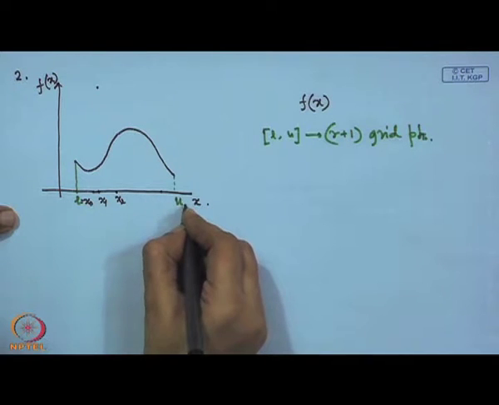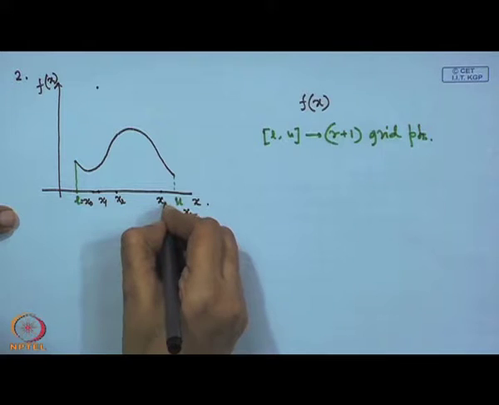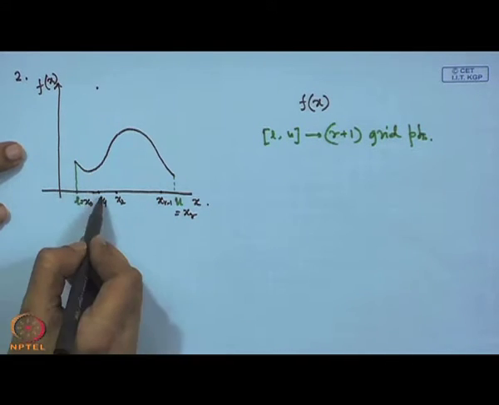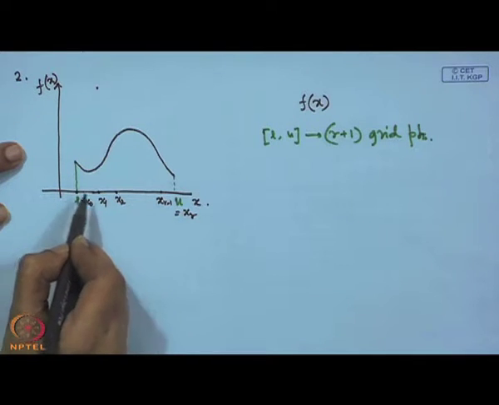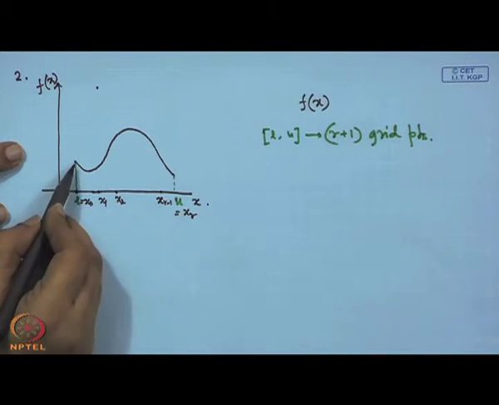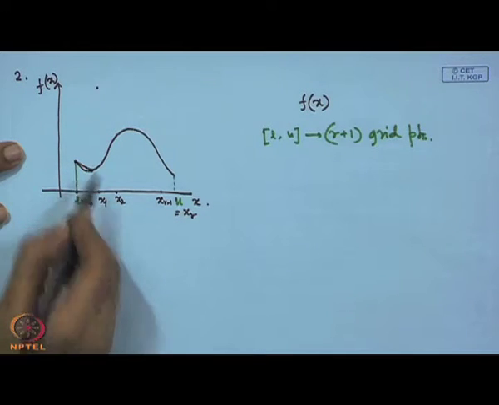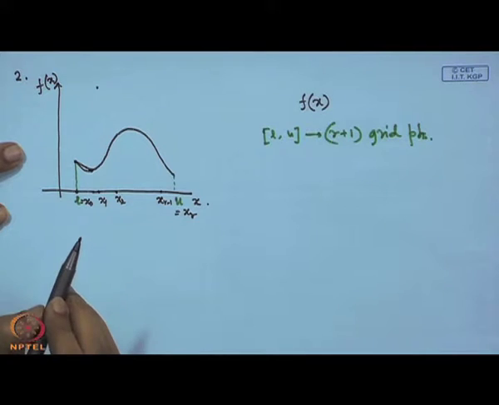In this way, if I proceed, U would be equal to xr, and the previous point is x(r minus 1). Now, how can we express it? We will consider the point x0 and the point x1. In this interval, we join f(x0) and f(x1), then we get a straight line.